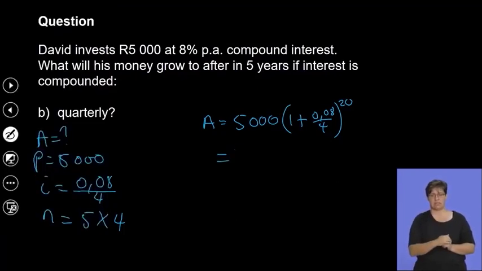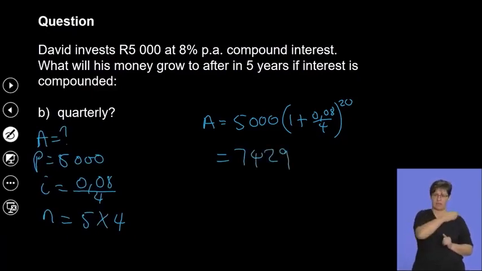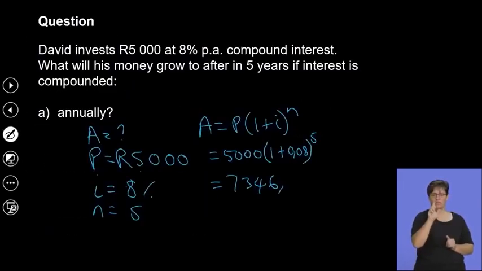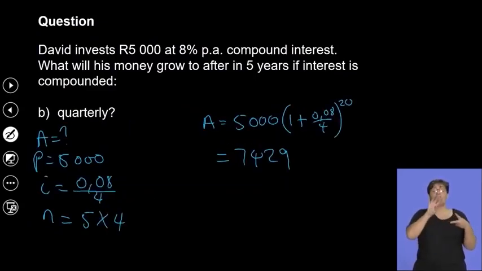So this will be 7,429. Let's just go back and see what we got for the first one. For the first one, remember that we got 7,346, right? Now it's 7,429. Just take that into consideration.